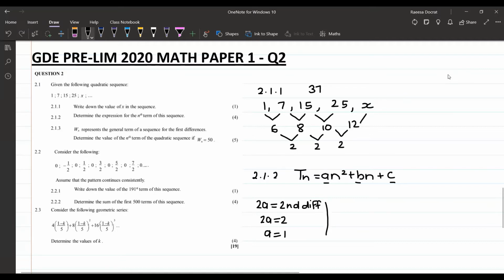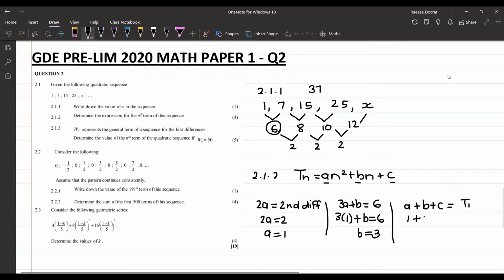To get b, we use the equation 3a plus b is equal to the first difference, which is 6. So then we have 3 times 1, because that's what a is, plus b is 6. So here we have b is 3. And finally, to get c, we have a plus b plus c is equal to our first term.